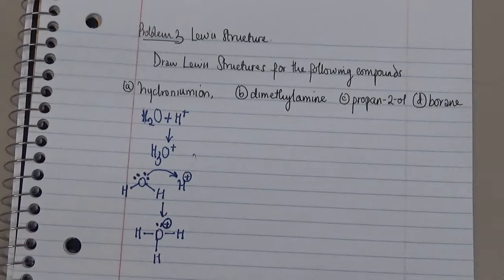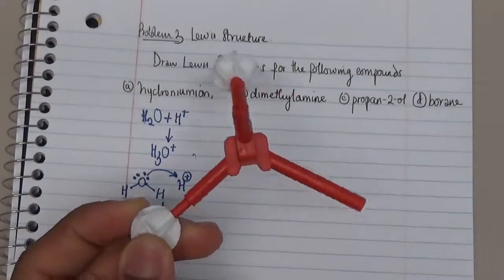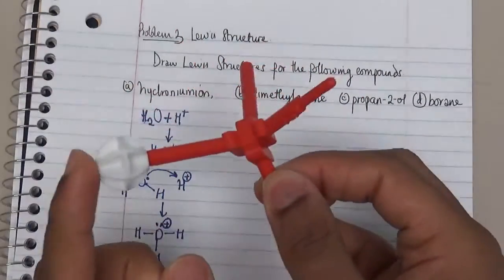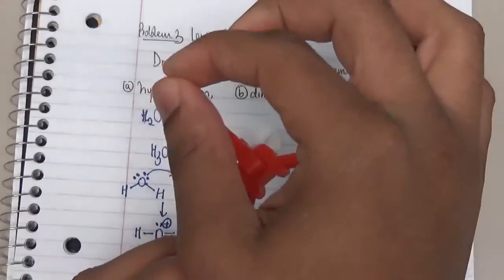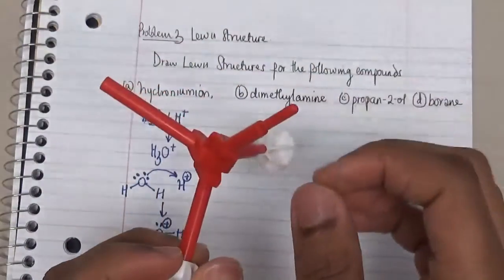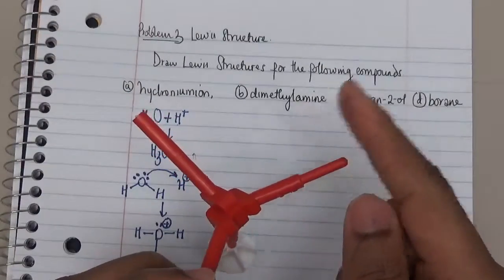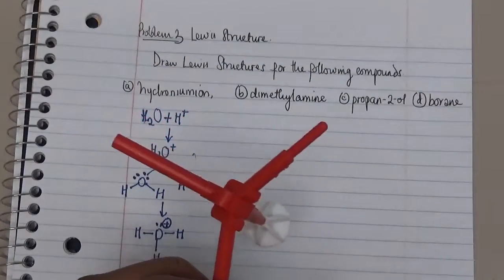A typical example of this is this particular structure over here. You see water: we have oxygen and 2 hydrogens, which are the white balls, and these 2 naked bonds are actually referred to as lone pairs because there are no atoms attached to them.